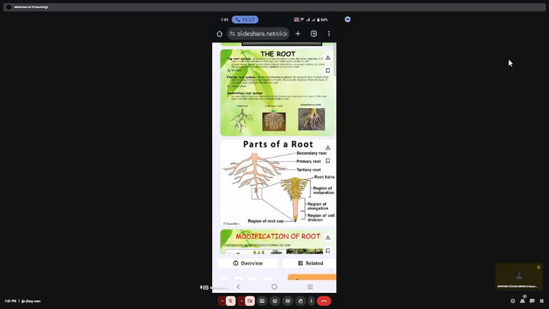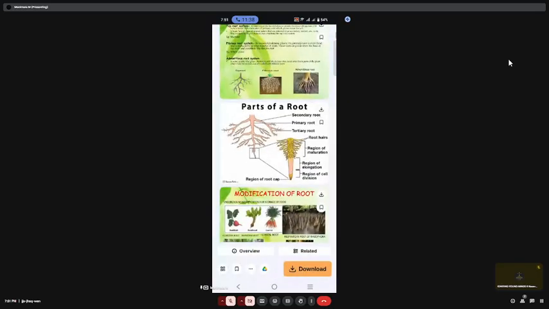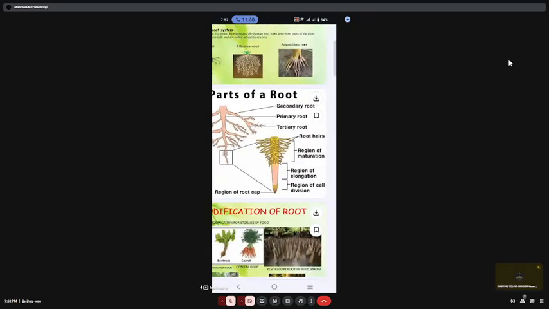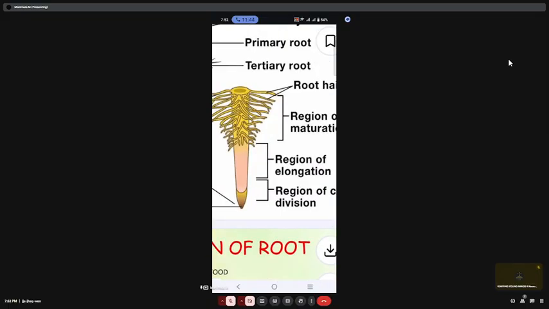Now we are entering the topic about the root system, the regions of the root. Can you see this picture, regions of root? This is the root, parts of root: primary, secondary, tertiary. Now I'm going to discuss the regions of the root.